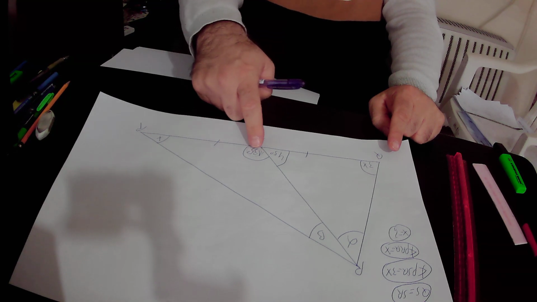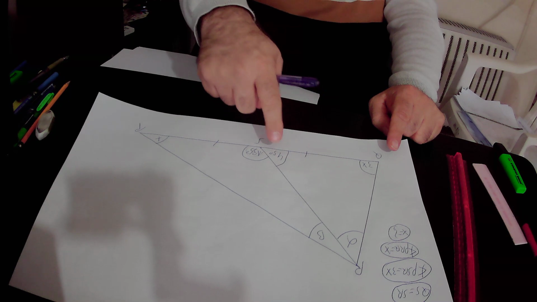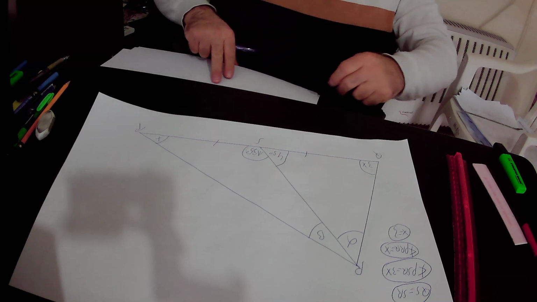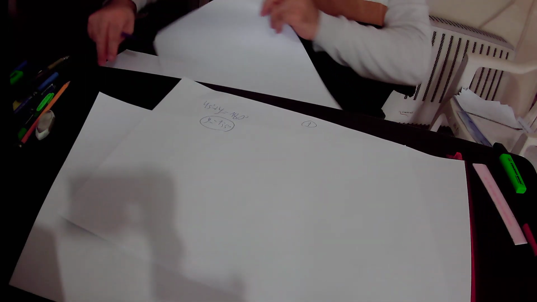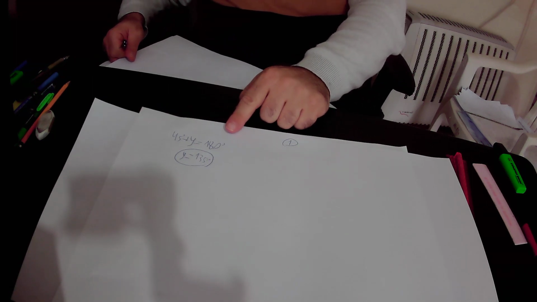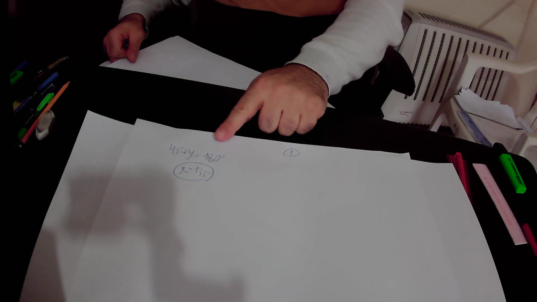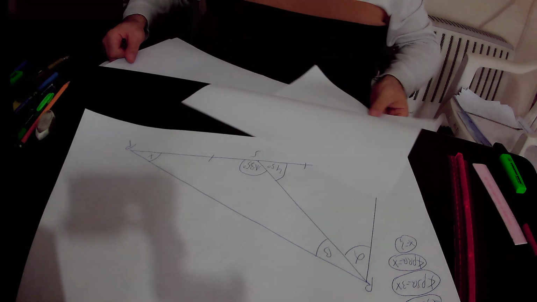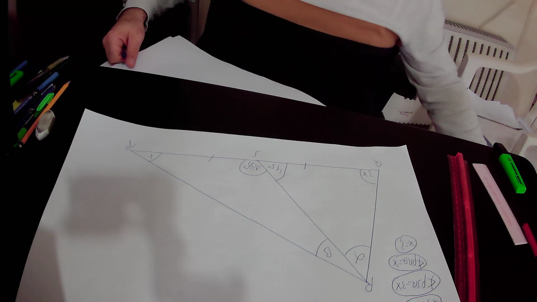So if we define angle PSR as y, then 45 degrees plus y must be equal to 180 degrees. We subtracted 45 degrees from this equation and found that angle y equals 135 degrees.